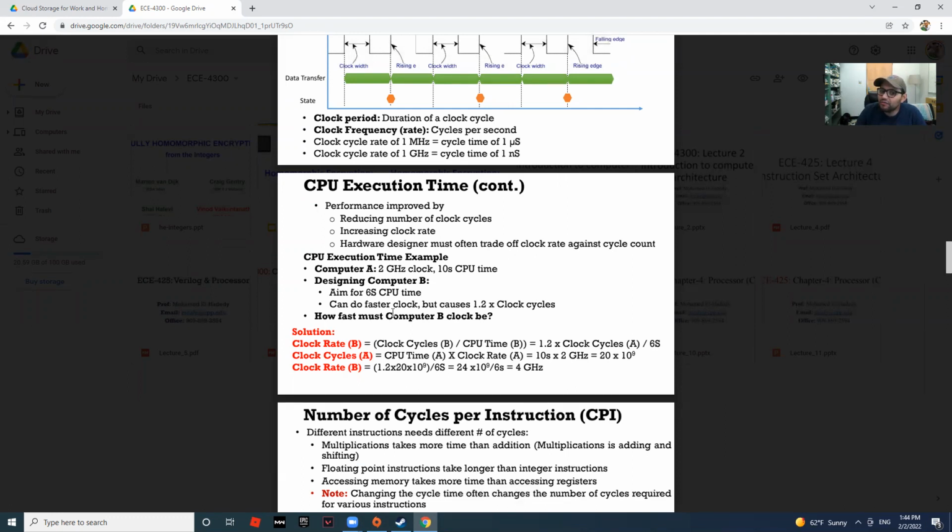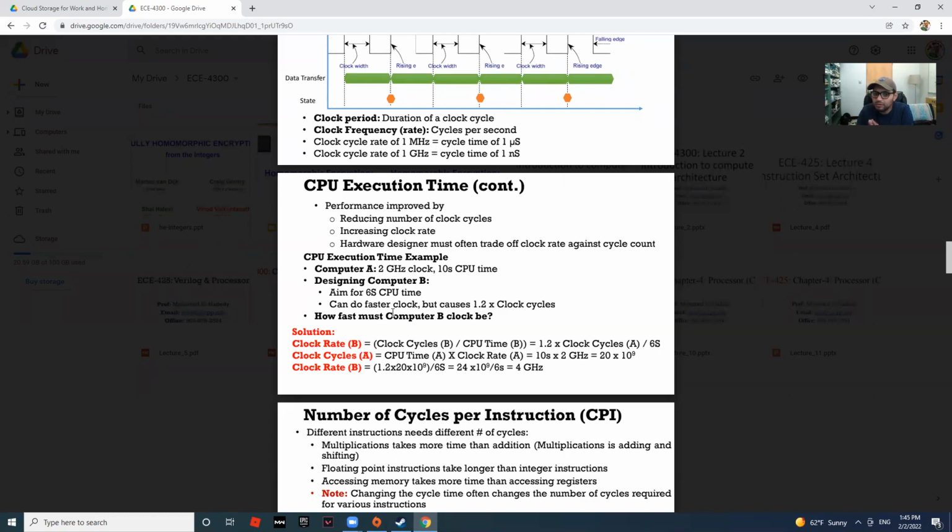Can you please check for me how I can do a faster clock, but causing 1.2 times the number of clock cycles? How fast must clock B be running? That means I'm looking for the maximum frequency for my new computer B, which is a challenge for the people who work at the hardware level, right?